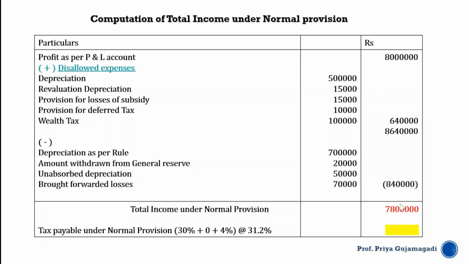When the income is less than 1 crore, the surcharge is 0. So take your calculator, 30 plus 4% if you do, it will be 31.2%. So directly you can calculate the tax, 78 lakh into 31.2%. That will be 24 lakh 33,600.